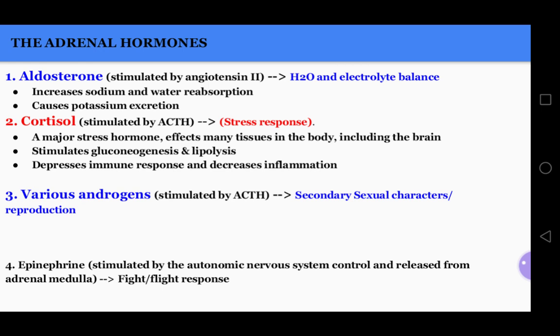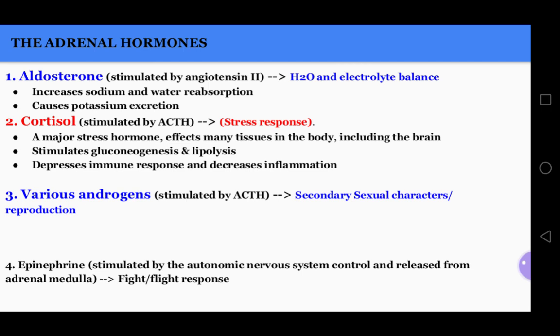Now I am going to discuss the adrenal hormones. First of all is aldosterone. This is stimulated by angiotensin II, and its main function is water and electrolyte balance in the body. It increases sodium and water reabsorption and causes potassium excretion. Next is cortisol.